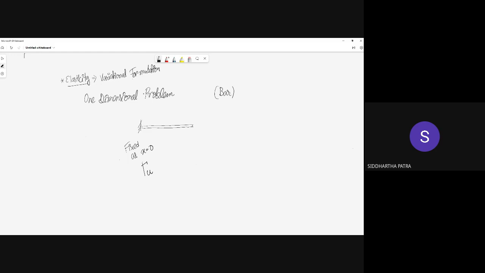What is u? u at any given x is the amount of displacement of the rod. It can be positive or negative, but at x equals 0, u is 0, and that makes it gamma u.